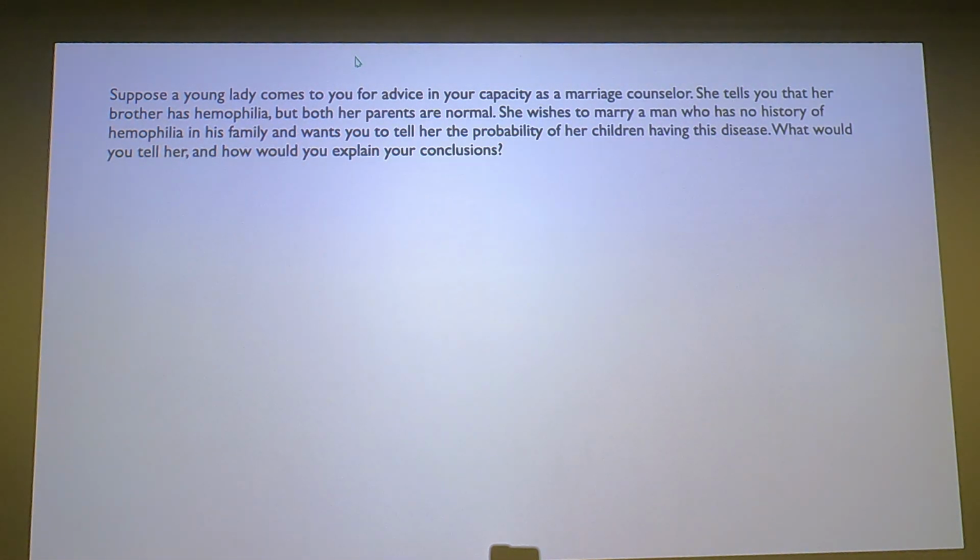You'd sit her down in your office and carefully explain this. Maybe have some diagrams, all this kind of thing. So what would you tell her about the probability of having a hemophiliac child from this marriage? So again, all we know is she's got a brother who's got hemophilia.